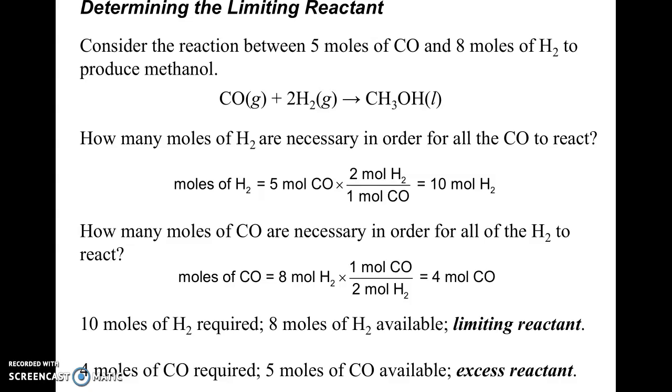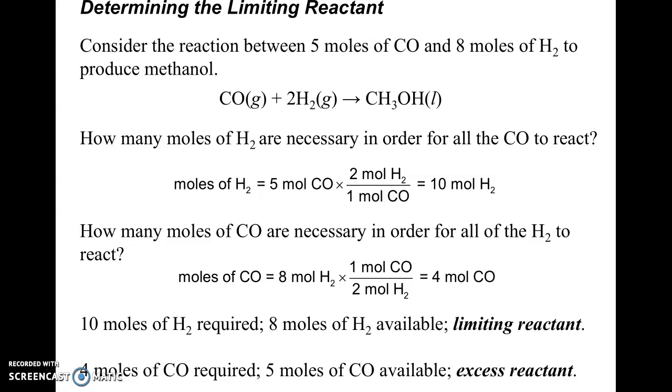And then we can look at it the other way. Although it's obvious we don't have enough hydrogen to do that, we can say that for moles of CO, if we have 8 moles of hydrogen, and it's 1 mole of CO for every 2 moles of hydrogen, it would only take 4 moles of CO. Well, we only have 8 moles of hydrogen.